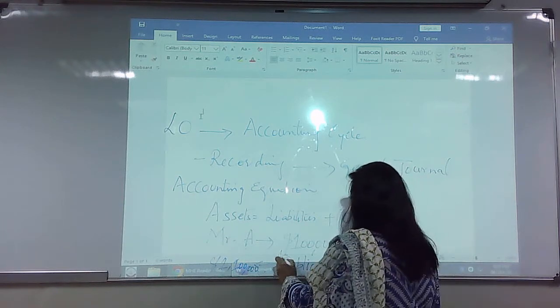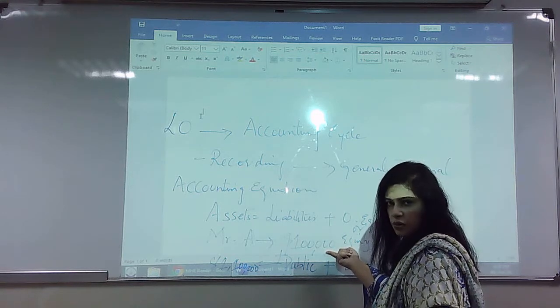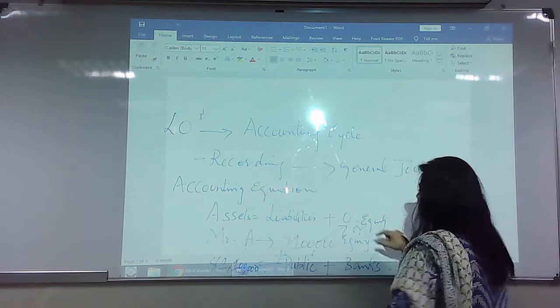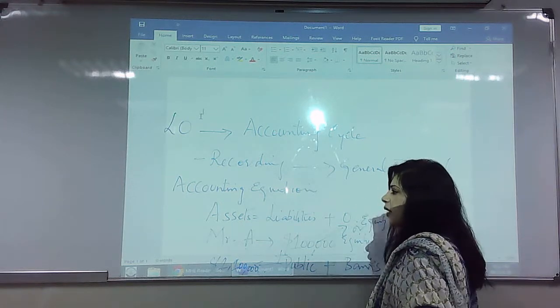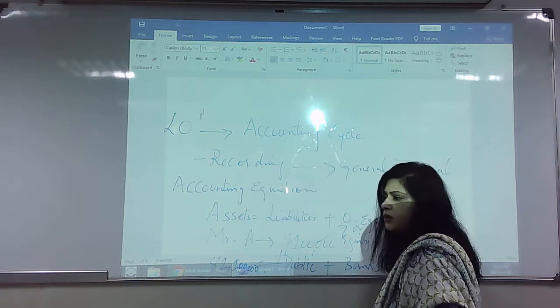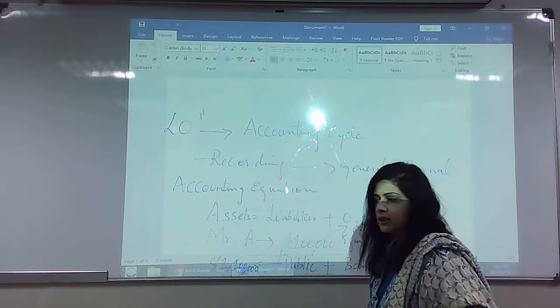Okay? So that means that once you have your own source of funding, this would be owner's equity, because now you are the owner of the business, and equity is basically the funds that you put into the business. So if it is owner's equity, it means owner's funds, right?